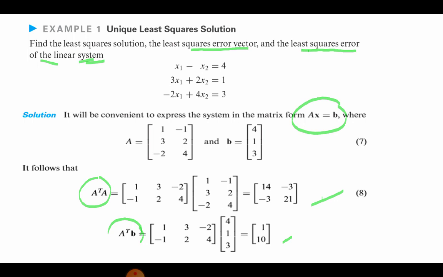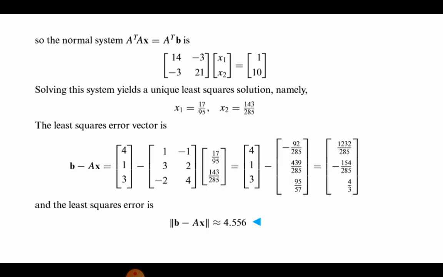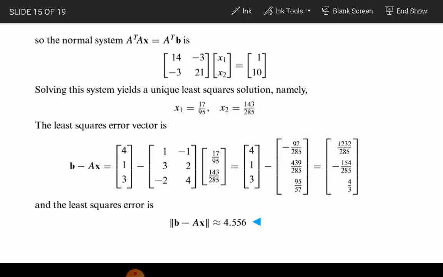And then from the formula, we know that A transpose AX equals A transpose B. By using the formula and the equation that you got before, we found the normal system.